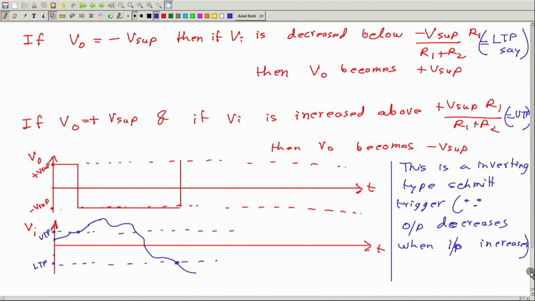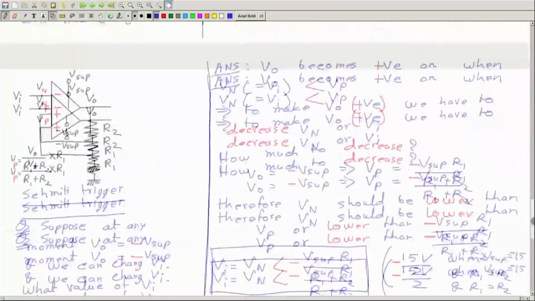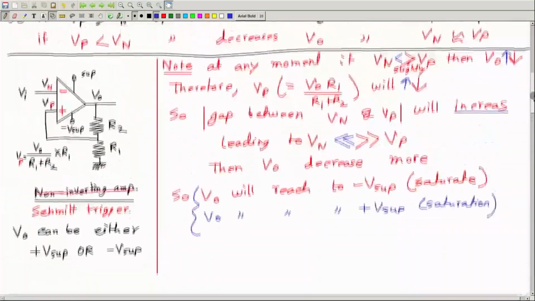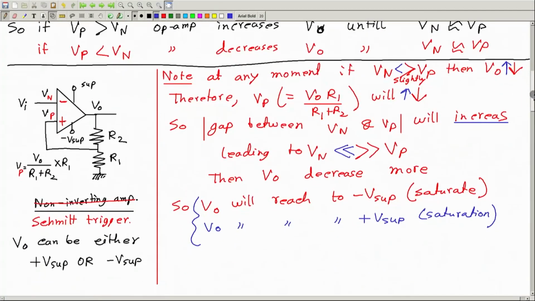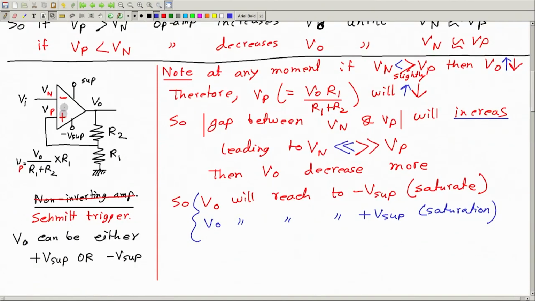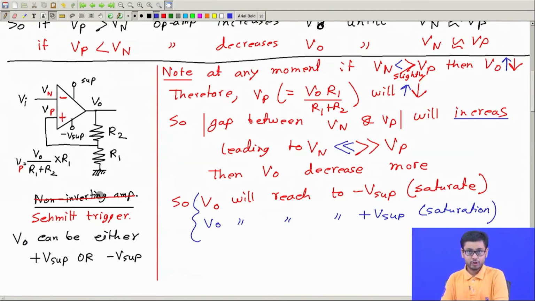And one small fact, we have started this by changing the plus minus sign of a non-inverting amplifier. So if you start with a non-inverting amplifier and change the plus minus sign, it becomes an inverting Schmitt trigger.